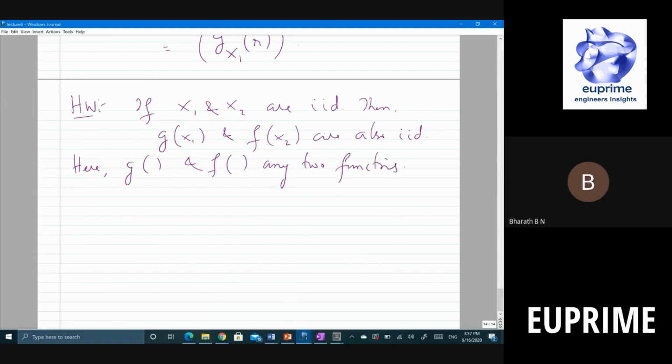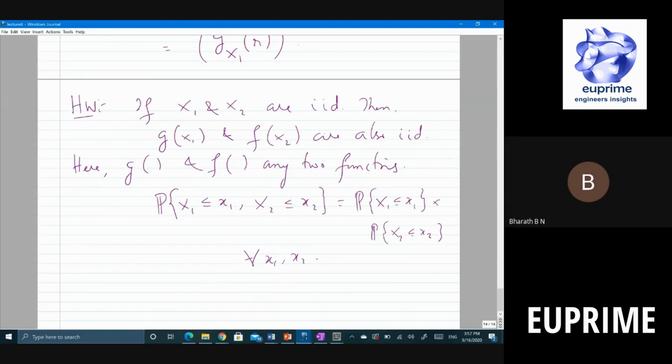Is this fine? I want you to show that this is true. What do you mean by independent? So for example, I can do this, right? Probability of x1 less than or equal to small x1, x2 less than or equal to small x2 is probability of x1 less than or equal to small x1 times probability of x2 less than or equal to small x2 for all x1, x2.